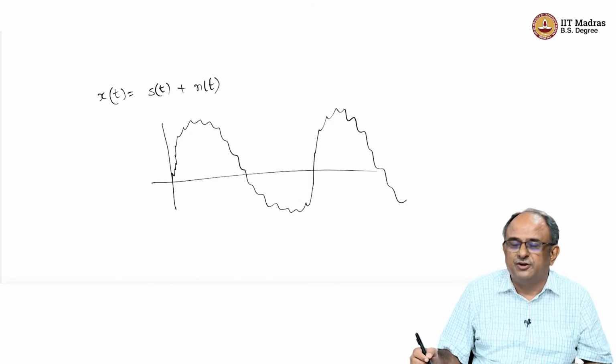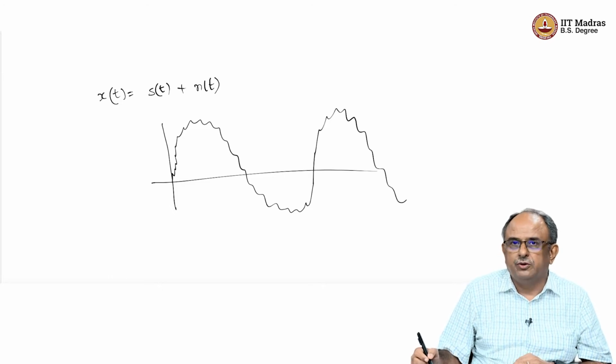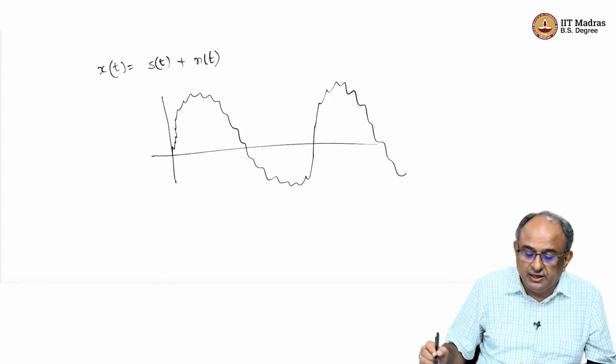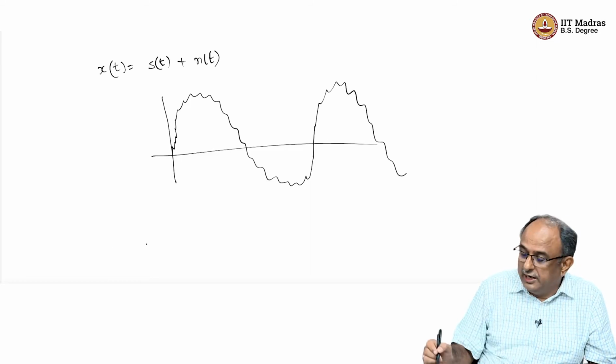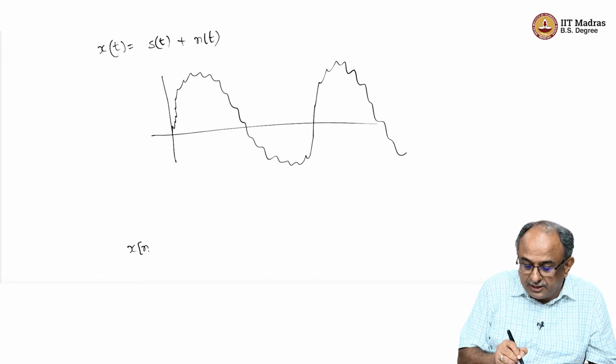But I want to get rid of noise, right. Noise is something that I am not interested in. So, what can I do? How will I get rid of it? So, let us say now I am talking about a system. I will again go to discrete, but you can understand the relationship between discrete and continuous.